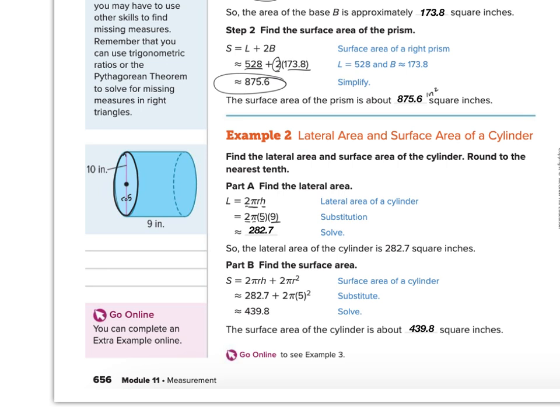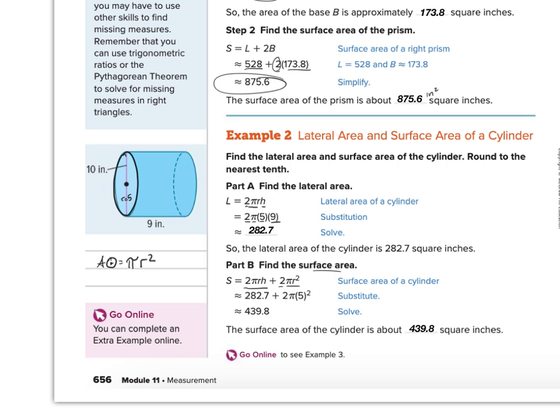If we wanted to calculate the entire surface area, we have the lateral area plus 2 times the base. And the area of a circle is equal to pi r squared. That's what they did.